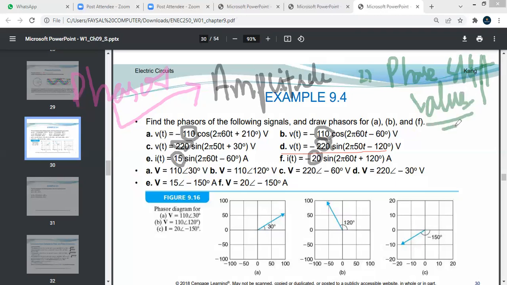So phase shift value will be whether it is phase in or phase out. Phase in is always my positive value, and phase out is my negative value. So phase out value is also known as lag in my phase or phase lagging. So this is the complete solution of example 9.4, part A to part F.